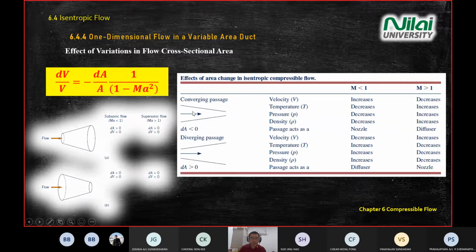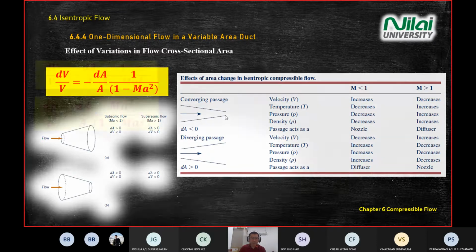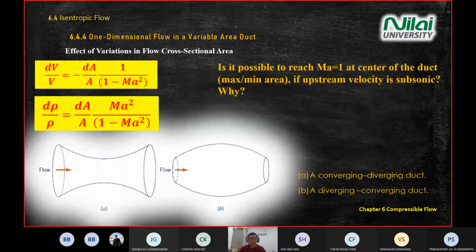However, if you do the opposite, if you have a converging passage, meaning large area into small area, and you go in with subsonic flow with Mach number less than 1, your velocity is going to increase in this case. So you have a possibility to reach Mach number 1.